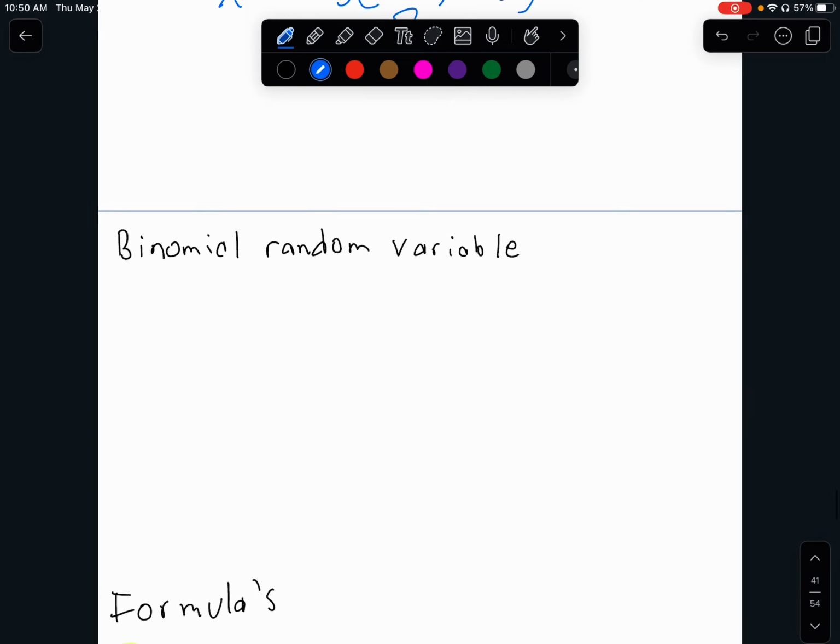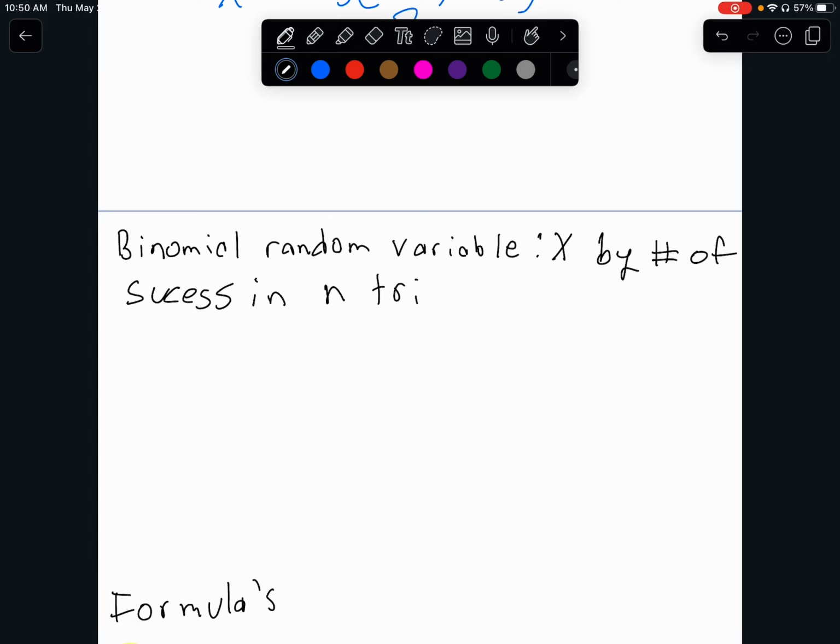So our binomial random variable is defined as X, the number of successes in n trials, and it's denoted by X ~ Binomial(n, p).